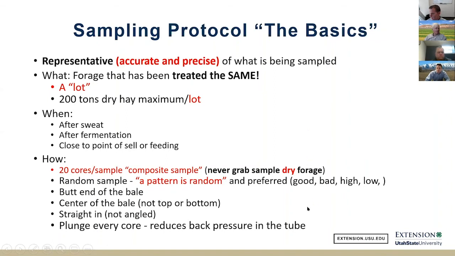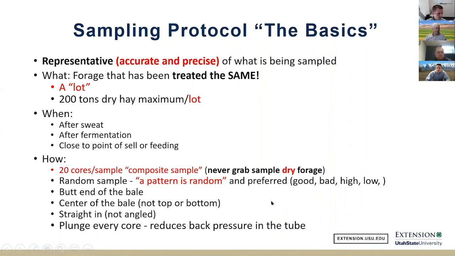In the case of dry hay, 20 cores is the bare bones minimum. You may be told it's okay to sample fewer cores, but the fewer cores you take, the less precise and the less accurate sample you'll ultimately have. Now, I'm not going to recommend you take 40 cores, but the more cores you take, the more likely you are to have an accurate sample.